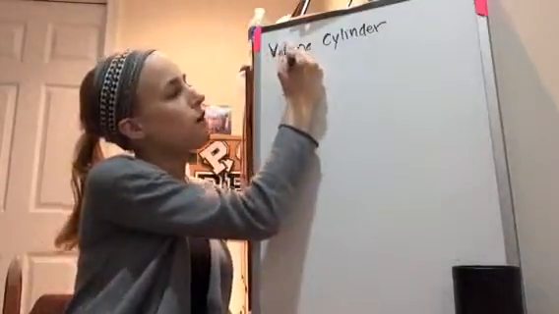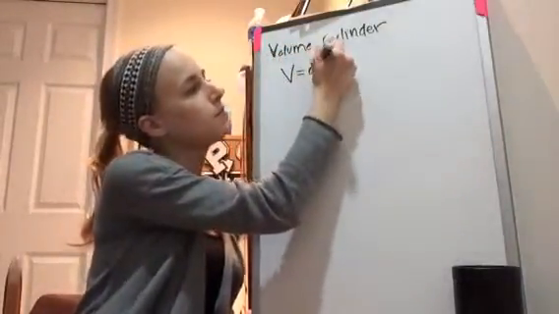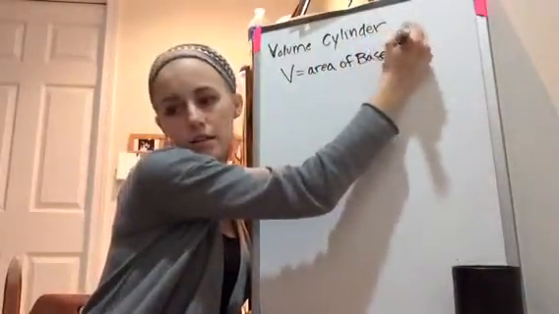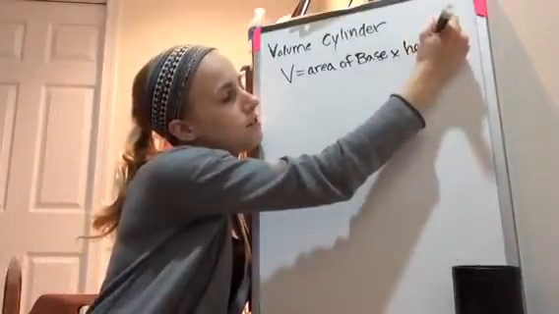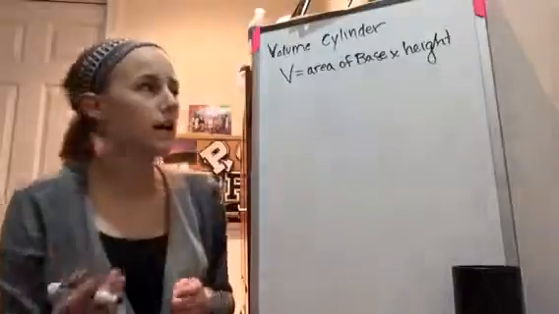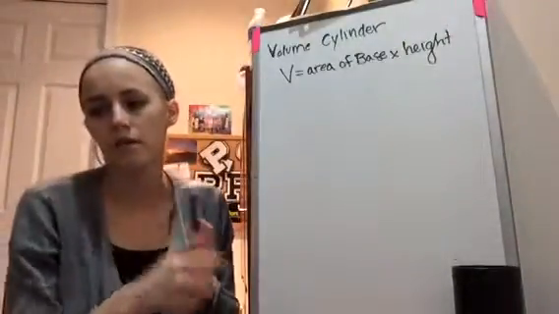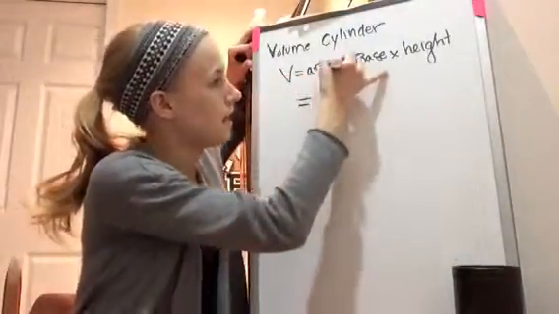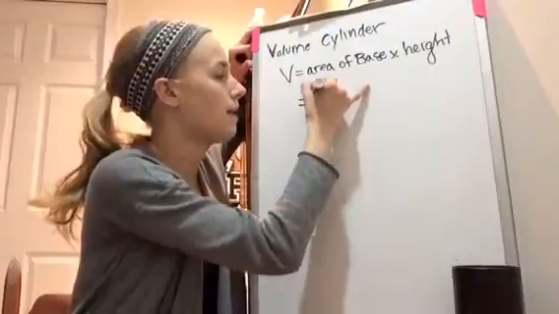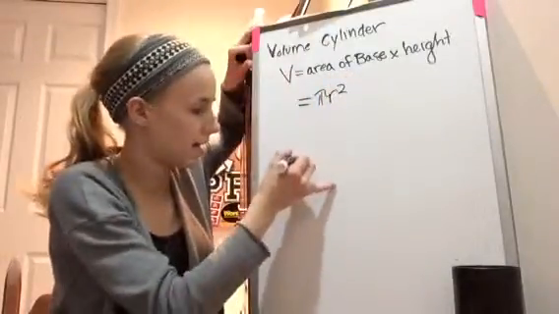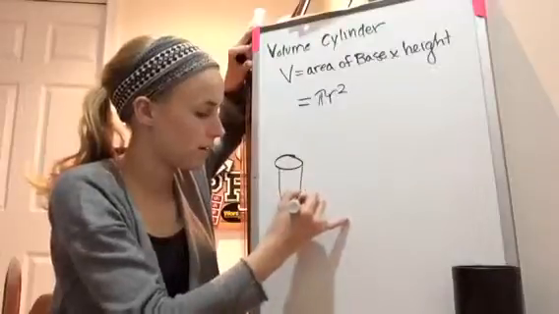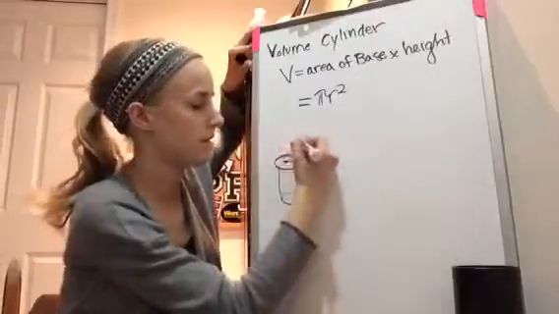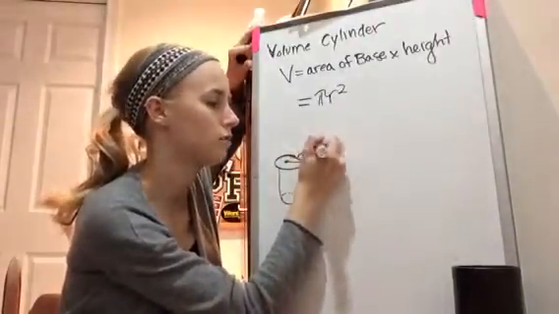So again, the volume is the area of the base, and it's times the height. So now we have to look at, okay, what's the area of our base? Well, we know for that, the area of our base is going to be pi r squared, because that covers the circular part of our cylinder, okay, because the area here is pi r squared.